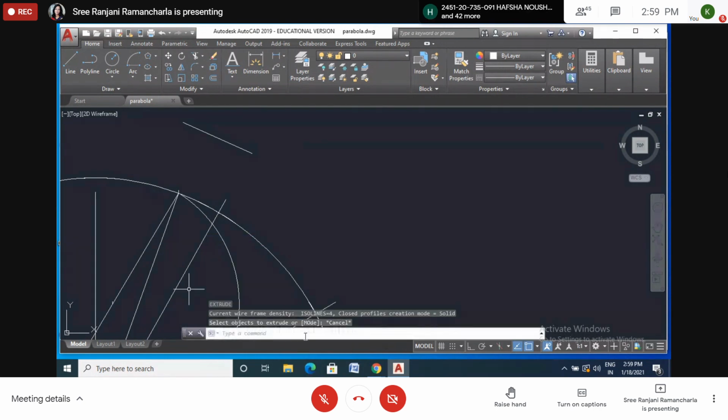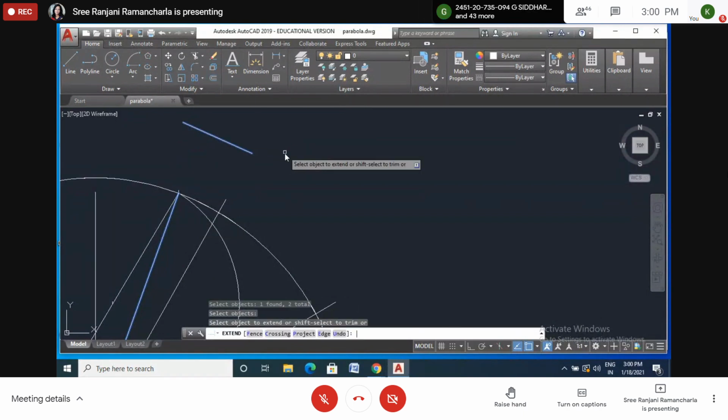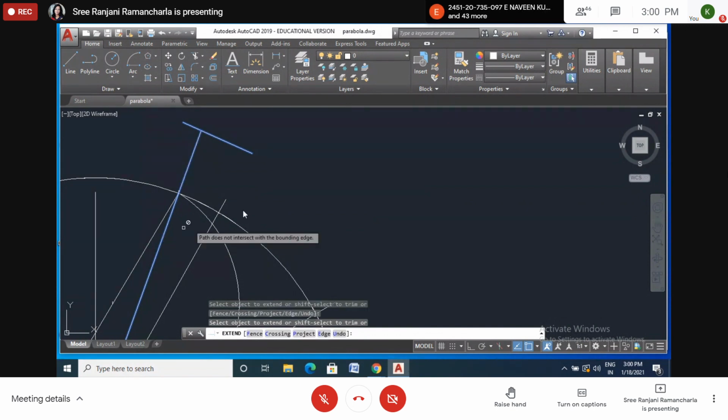Select the object. This one you have to extend, which are the lines drawn now, passing through the intersection of the circle and the semicircle. Okay. I will remove this basic line.